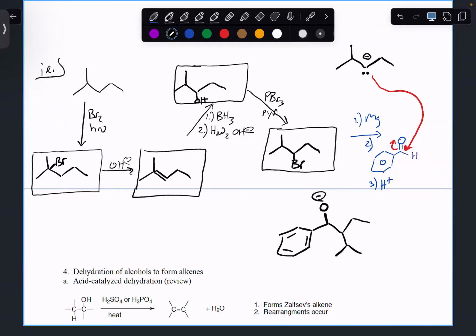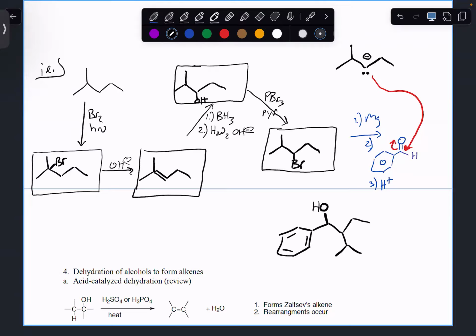So this would be the initial product, right? You always get that alkoxide initially, which is why you always need one more step where you acidify to give that O minus its proton back. So once you acidify, we would make that. And this is in line with what we discussed last time.